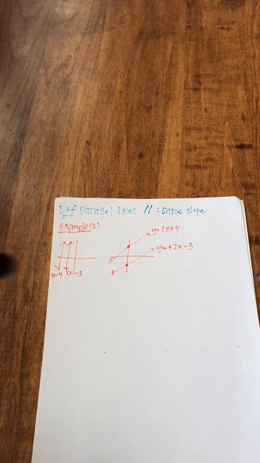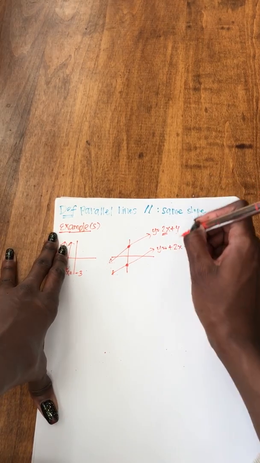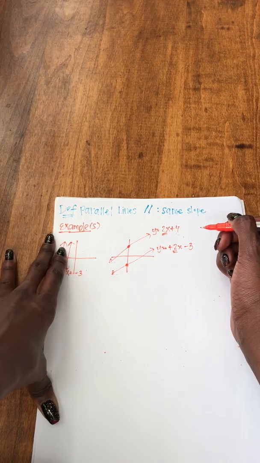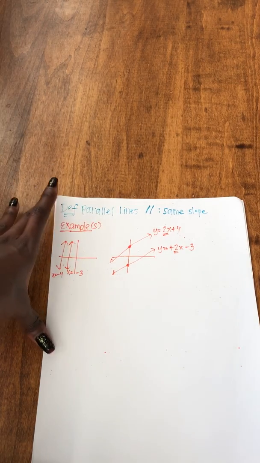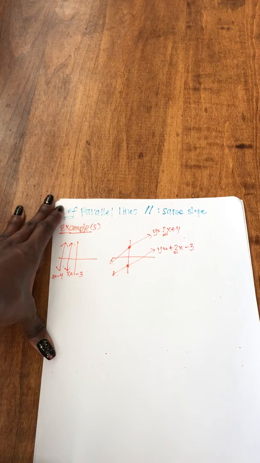So basically, since you have the same slope, they're both 2, right? This is in the form y equals mx plus b, then those will be examples of parallel lines, or equations that share the same slope.